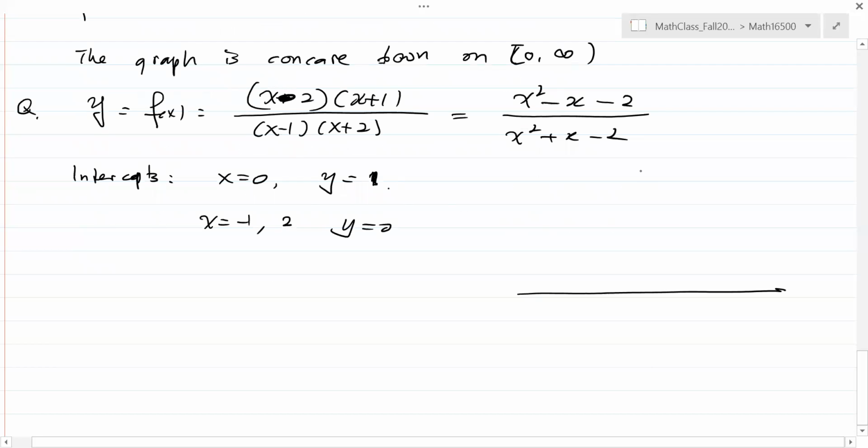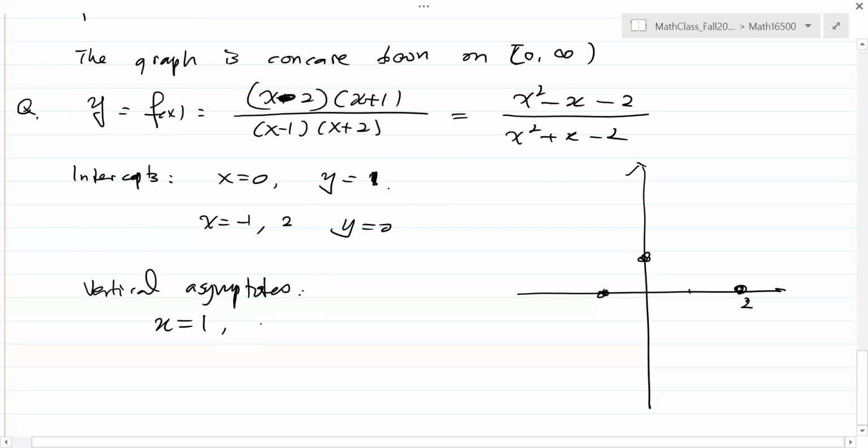So let me draw the graph. When x equals 0, y is 1. When x equals -1, y is 0. When x equals 2, right? So the graph passes through those 3 points. But we also should know the vertical asymptotes. Vertical asymptotes are at the numbers where the function is not defined.